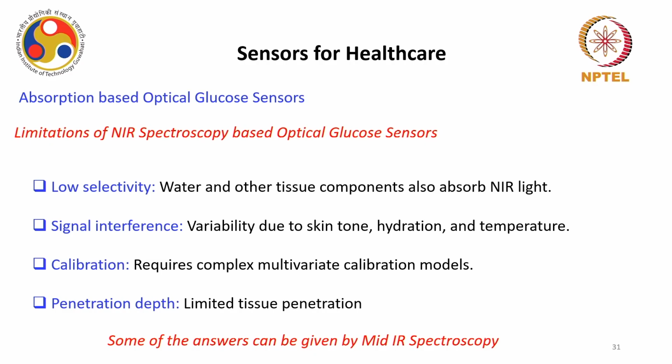Okay. Then you have signal interferences due to skin tone, hydration and variation in temperature. Okay. Then calibration of these devices requires complex multivariate calibration models. Okay. And the penetration depth is also associated with the kind of tissue.